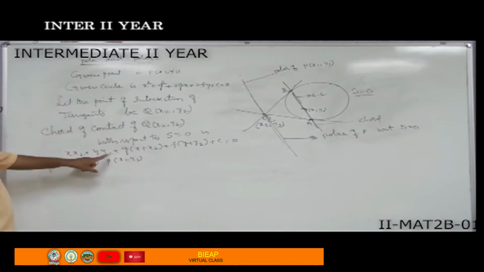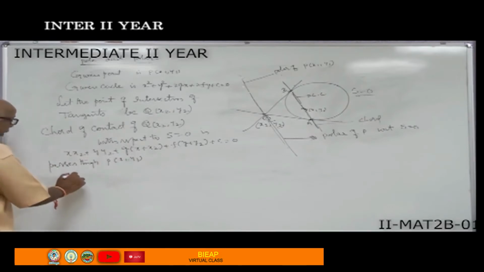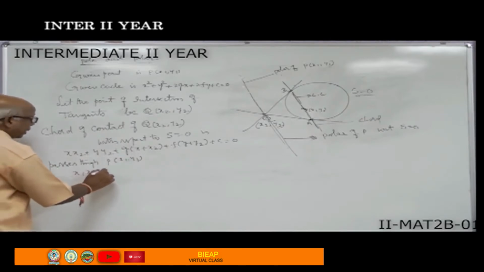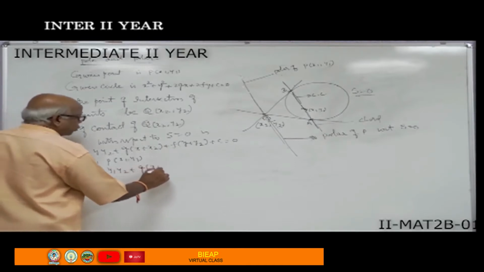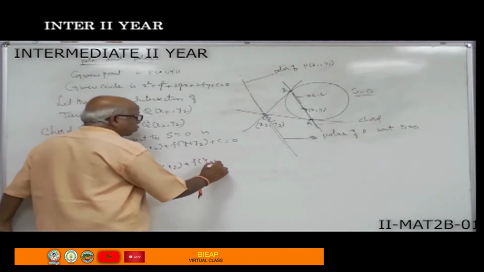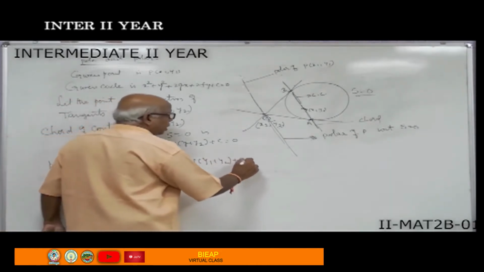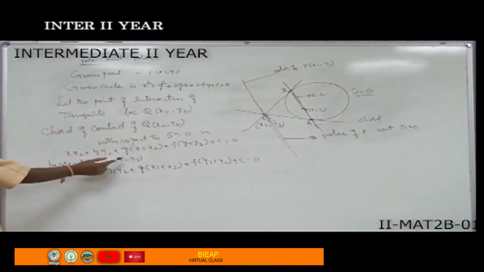In the place of x, x1; in the place of y, y1. x1 x2 plus y1 y2 plus g into x1 plus x2 plus f into y1 plus y2 plus c equal to 0. I just substituted x1 y1 in the place of x y.